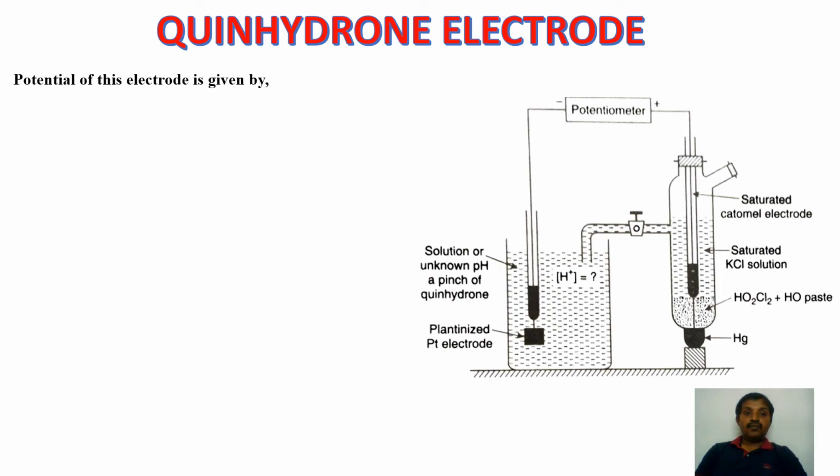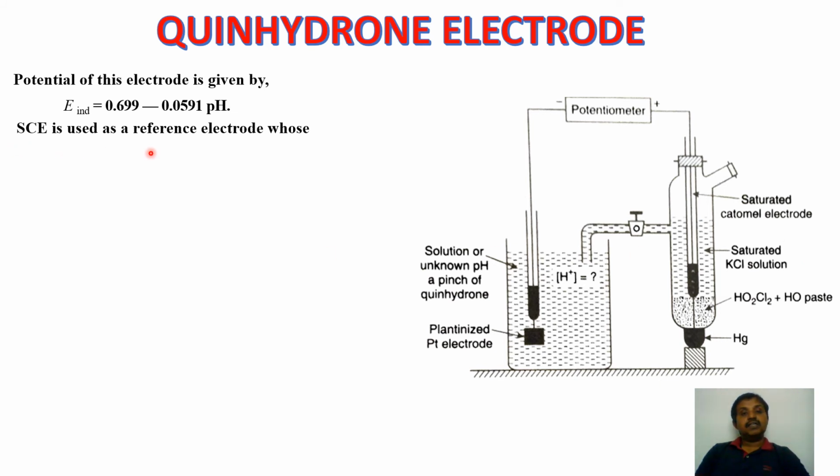Now the potential of this electrode, the potential of the indicator electrode, is given by E equal to 0.699 minus 0.0591 pH. The standard calomel electrode is used as the reference electrode for this quinhydrone electrode.